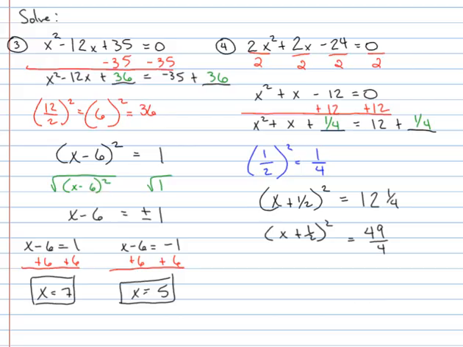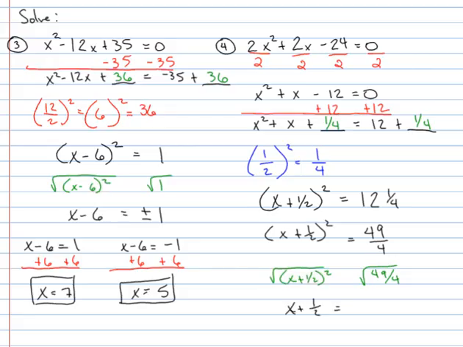I now have to take the square root of both sides. So the square root of x plus 1/2 squared and the square root of 49 over 4. On the left-hand side, I don't need the parentheses there anymore. We have x plus 1/2.